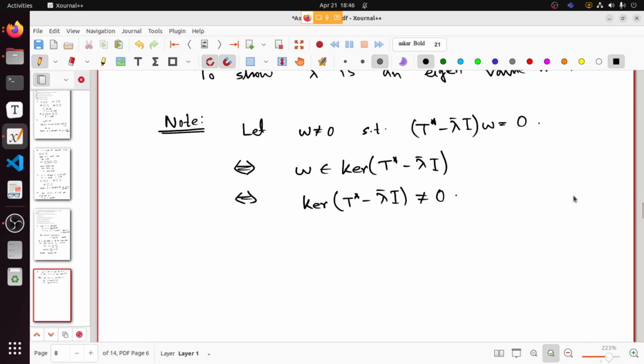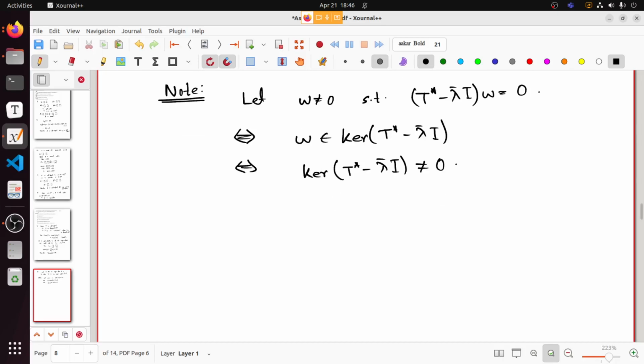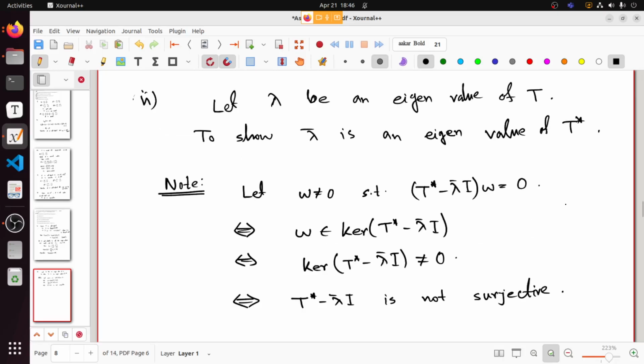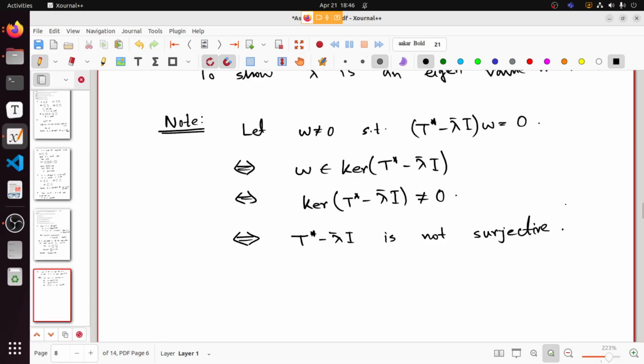So if the kernel is non-zero, then the operator is not surjective, right? If the operator is surjective, then the kernel is 0. So this is saying that T star minus lambda bar I is not surjective. So saying that something is an eigenvalue means that the corresponding T star minus lambda bar I is not surjective, right?